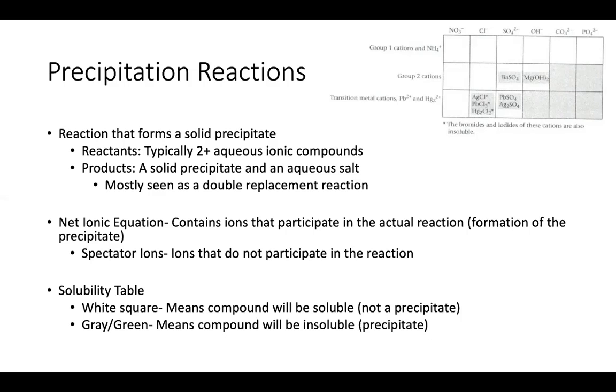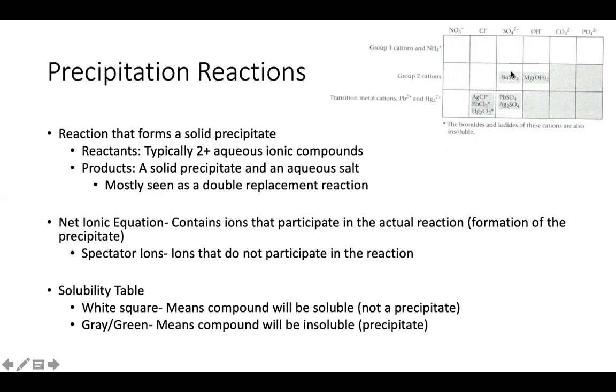That's my reactant side. Okay, my potential products from that would be potassium with sulfate, which we know is soluble, so that won't be a precipitate. Potassium with nitrate, which is soluble and won't precipitate. Barium with nitrate, which is soluble and won't precipitate, or barium with sulfate, which is insoluble and will precipitate, okay?